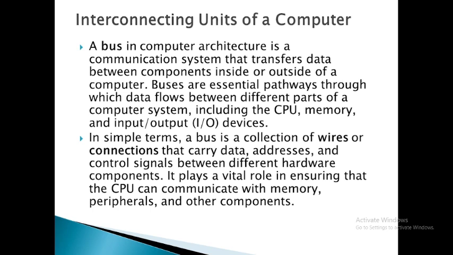Basically, these are pathways, you could call them roads, through which data flows between the different parts of a computer system. This could be a bus between a CPU and a memory, a path between input and output devices, etc.